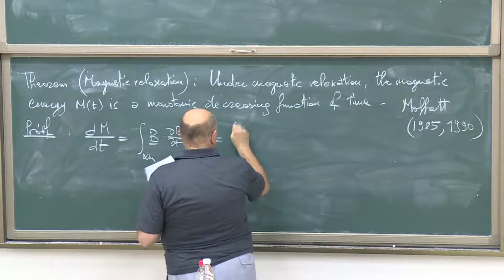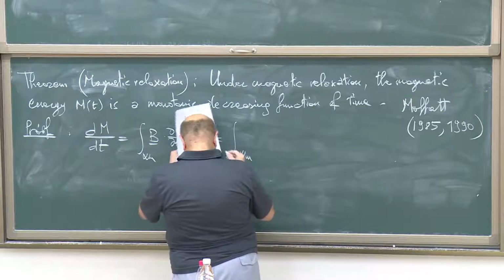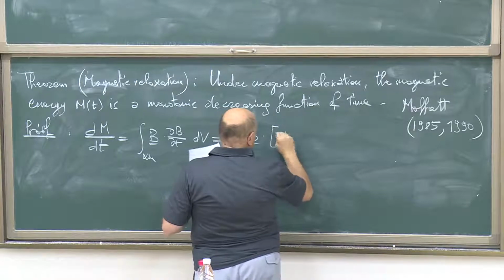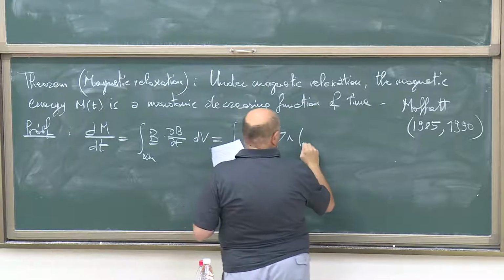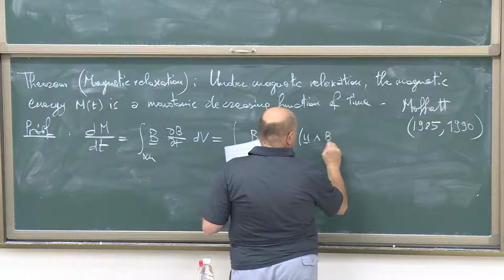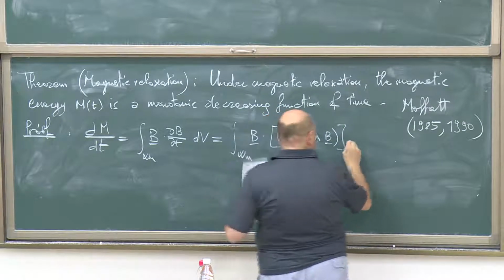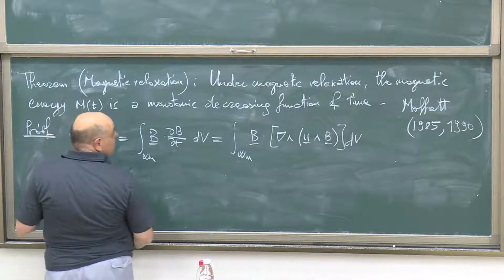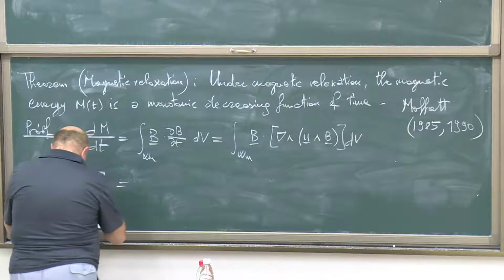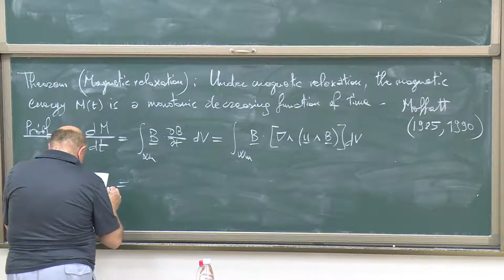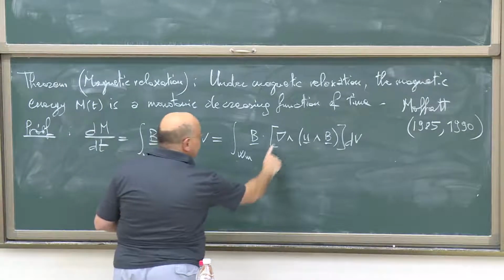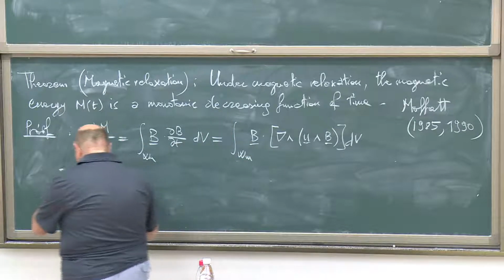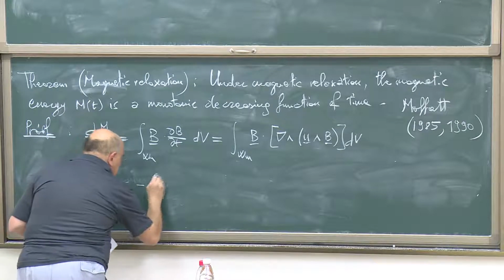Okay, so this is the integral on the magnetic domain of b dot curl of u cross b in dV. We just play around with these symbols. We extract u from there, so we have a minus coming out.